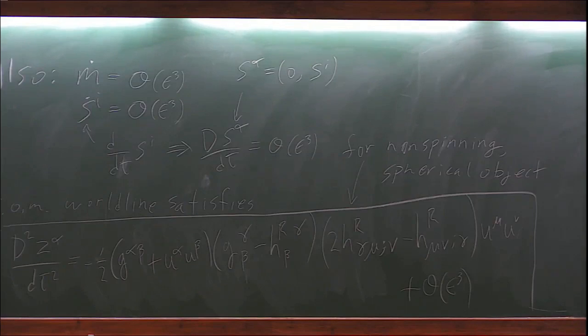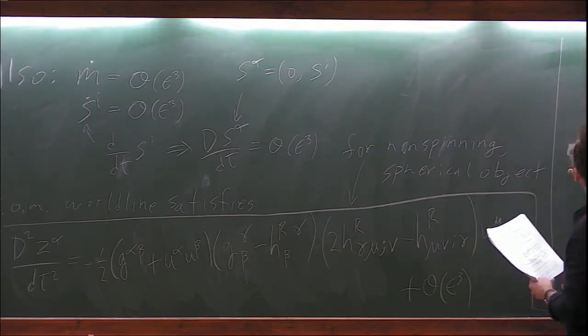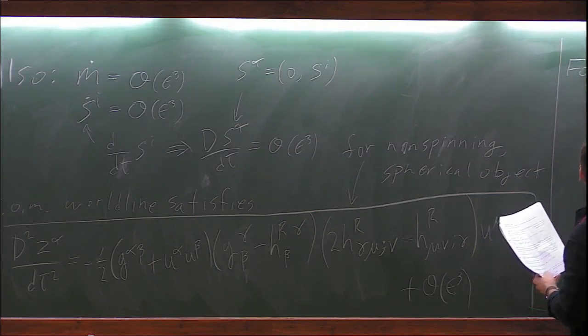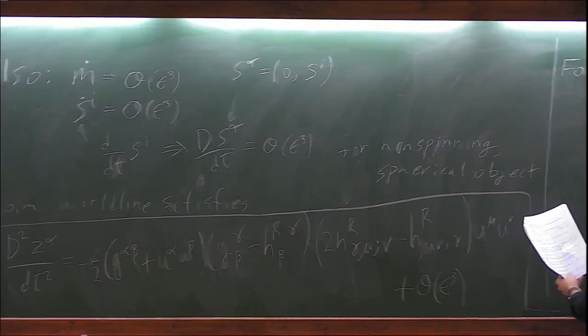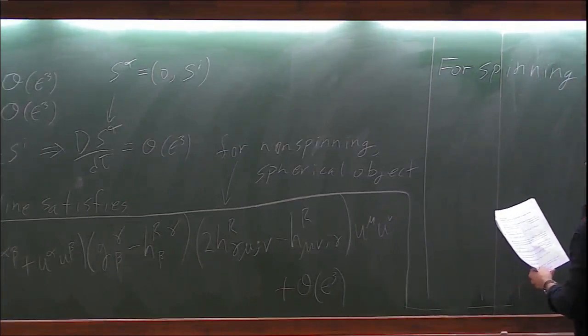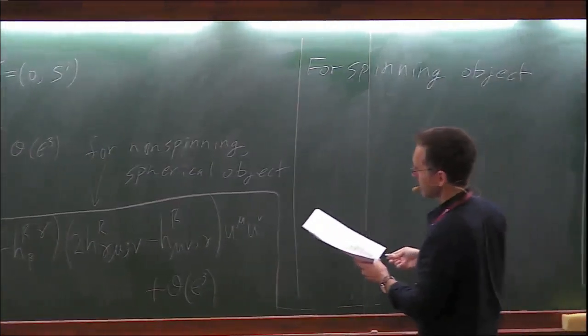So for a spinning object, from the same analysis, if you just include spin, the results are only known at first order.